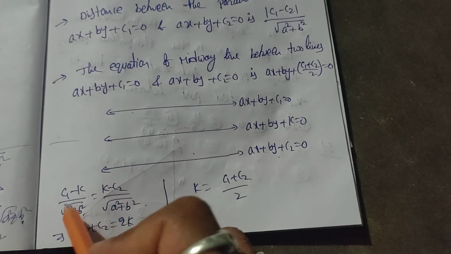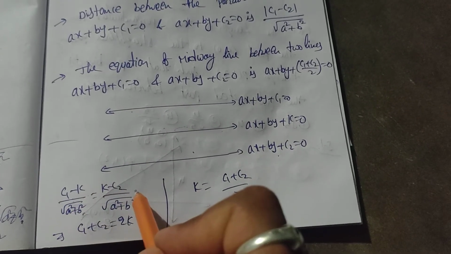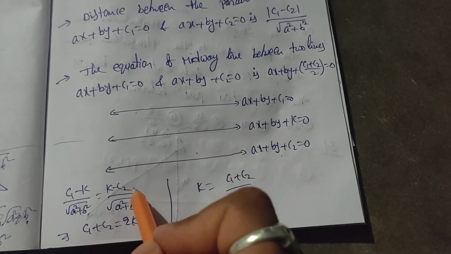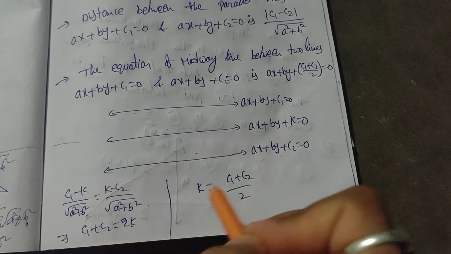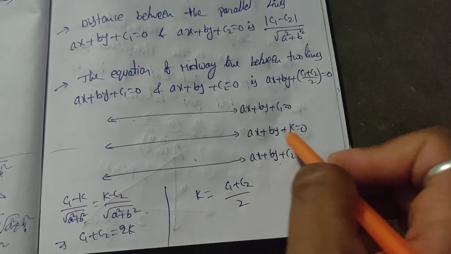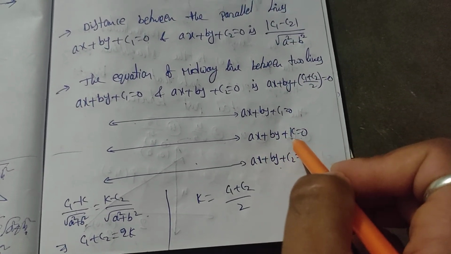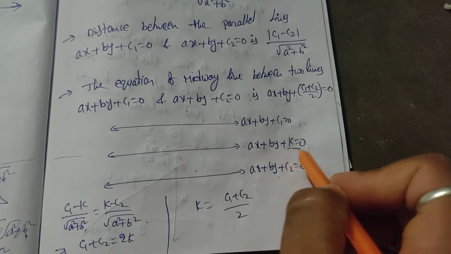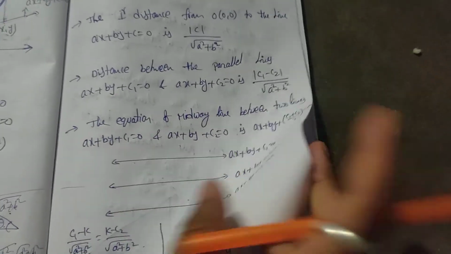Transpose c1, c2 to one side and the k terms to the other side: c1 plus c2 is equal to k plus k, which is 2k. So k is equal to (c1 plus c2) by 2. Replacing it here, the midway line is ax plus by plus (c1 plus c2) by 2 is equal to 0.